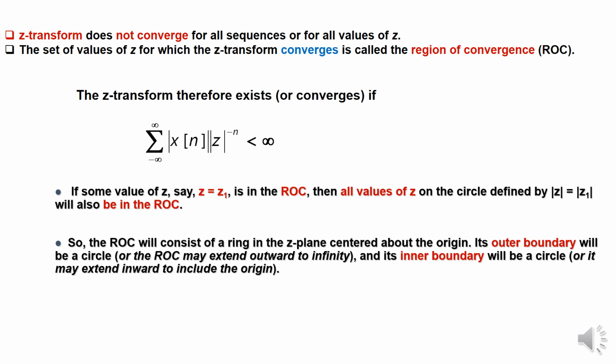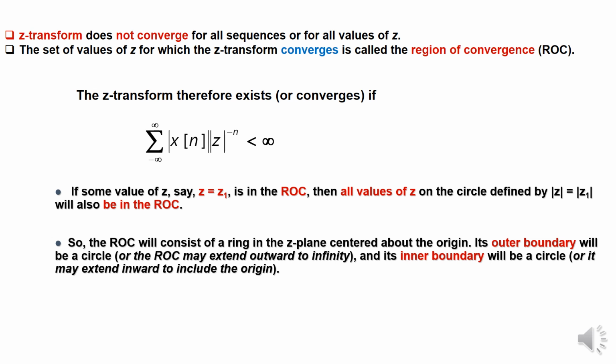And actually I have told you Z is r e^(jω), right? So Z can be any value. Previously I showed just the unit circle when r is equal to 1, but Z can be any value in the complex plane. Therefore, the values of Z which make the Z transform converge, we call the region of convergence.